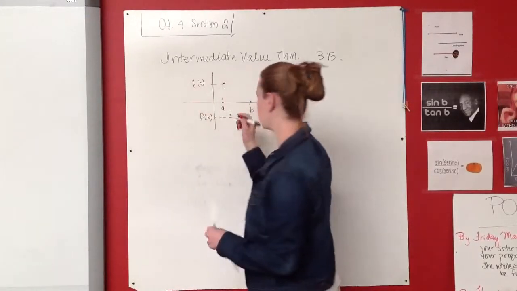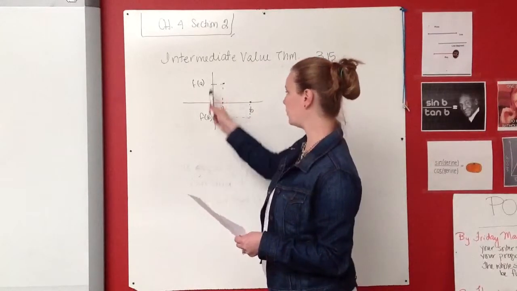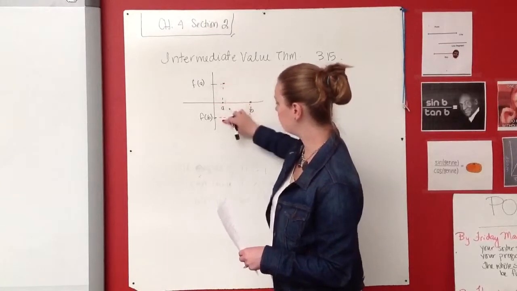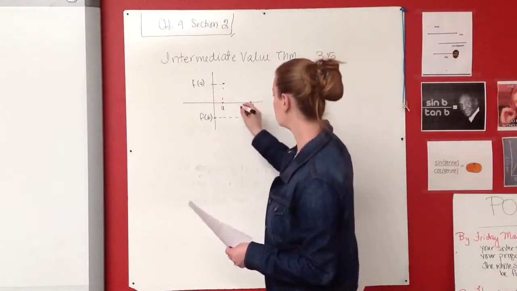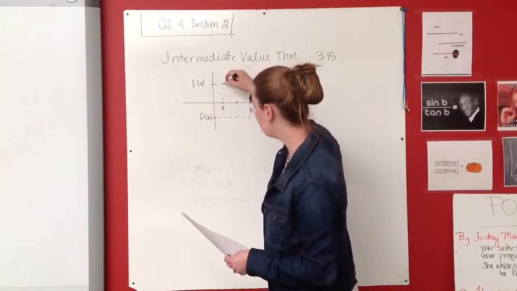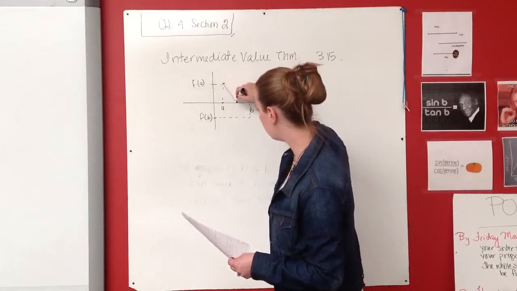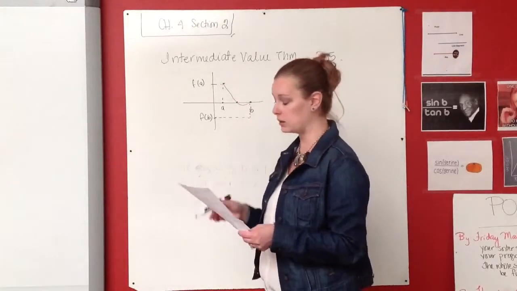Okay, don't forget you're only talking about ordered pairs here. If this and this are of opposite signs, which means if your output is positive and this output's negative or vice versa, then that means there's some sort of 0 in between a and b, which means the function has to at some point cross the x-axis. Okay? That's all the theorem says.